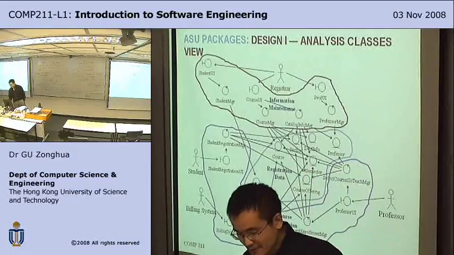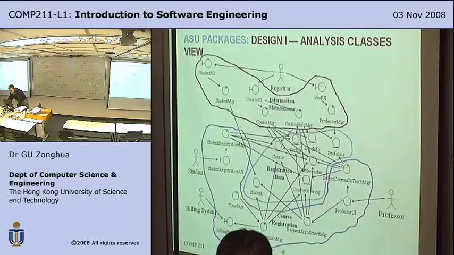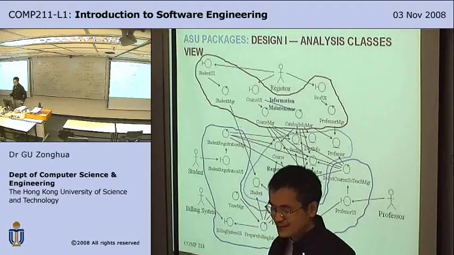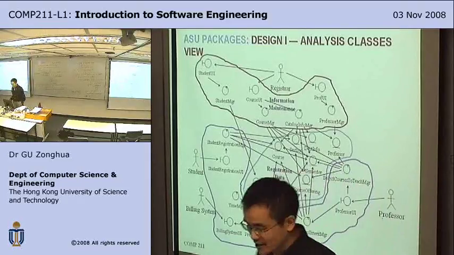The other, from the analysis classes point of view, remember we drew this big messy diagram before, and we explicitly mentioned do not draw it yourself. This is just for your information only.